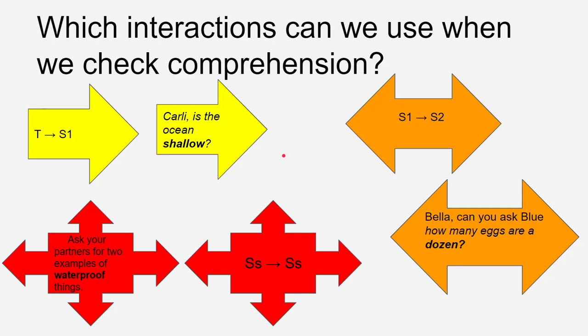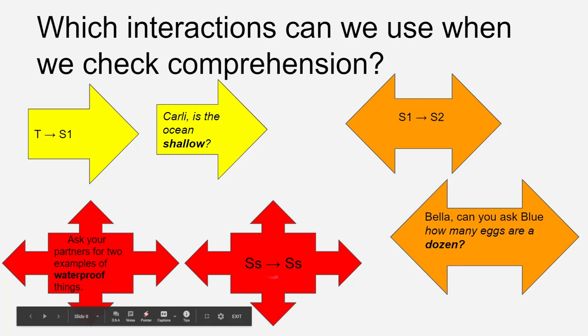We could also use an S1, S2 question. Bella, can you ask Blue how many eggs are a dozen? Again, this is a question that's asking her to demonstrate that she knows the word dozen.